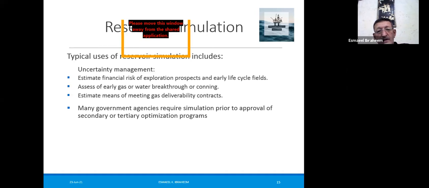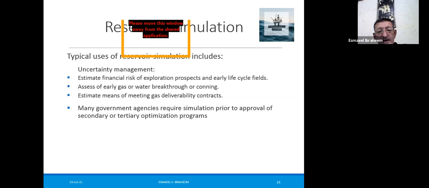The simulation can show you these uncertainties. You can estimate the financial risk of exploration prospects and early life cycle fields. You can assess early gas or water breakthrough or coning, which you have during the production life of the reservoir.